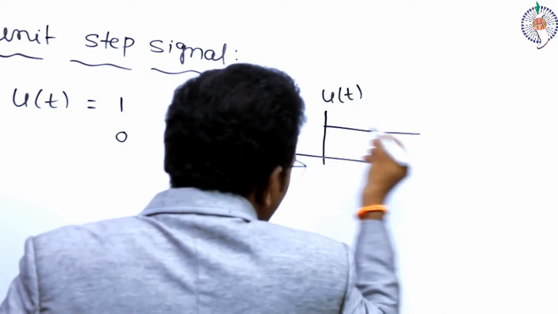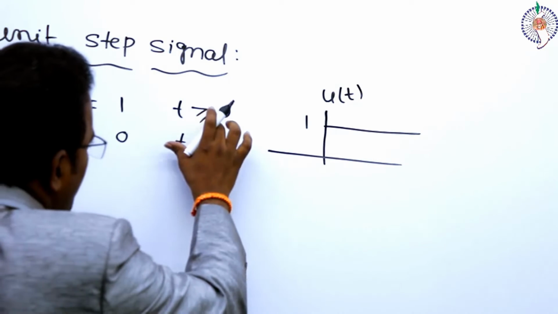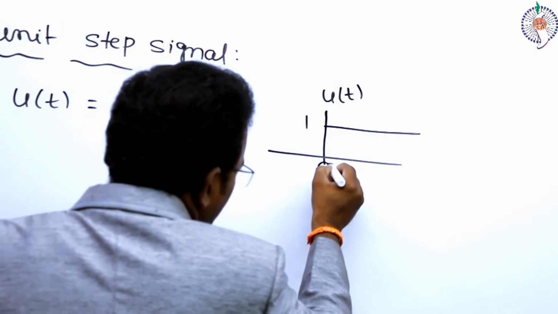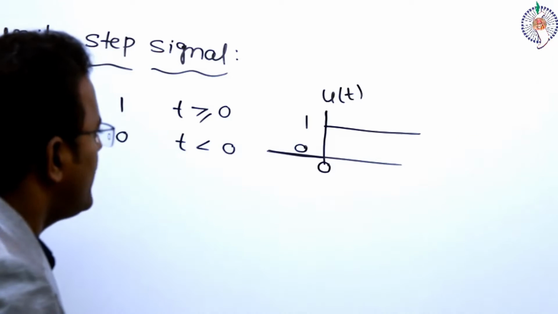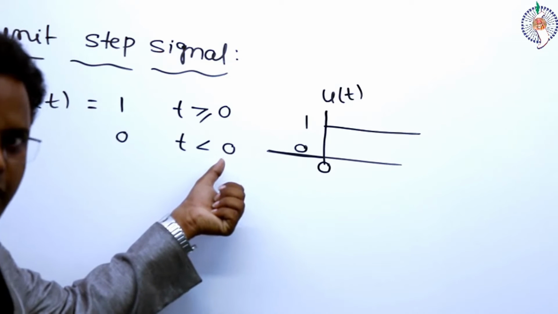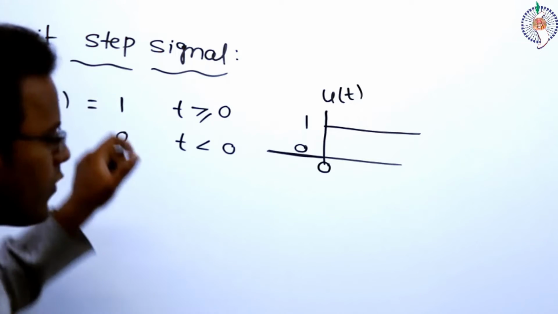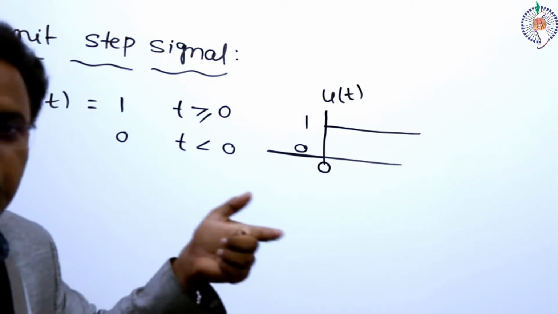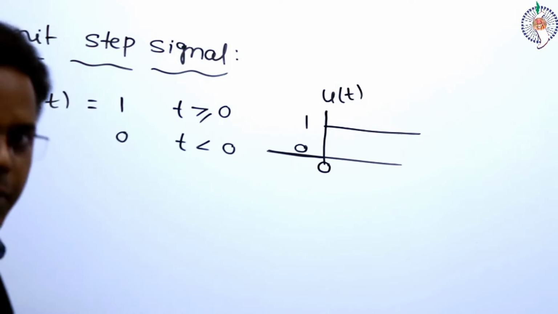Here, if you observe, the step signal is defined in terms of its amplitude. Why did I write 1? Because I said unit step.